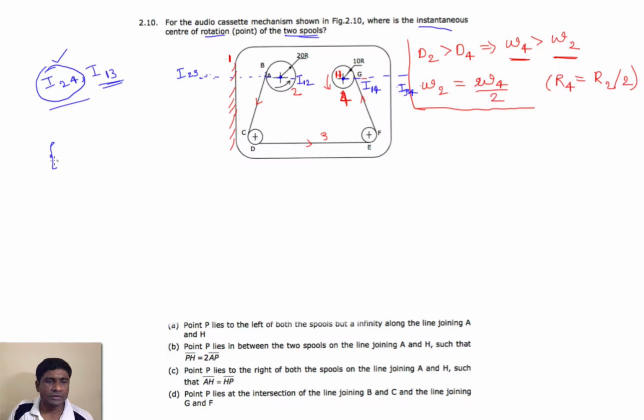Again we will consider the same procedure, by considering two sets consisting of different links. First we consider 1, 2 and 4. The instantaneous center between 1 and 2 is at point A, and between 1 and 4 is at this point. So the instantaneous center between 2 and 4, or between the two spools, should lie on this line.